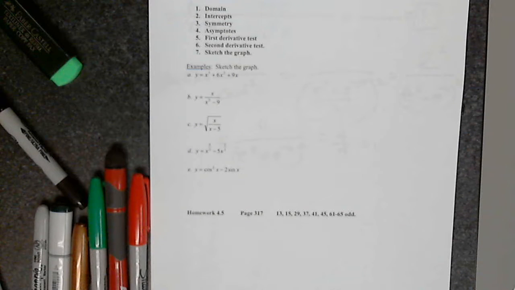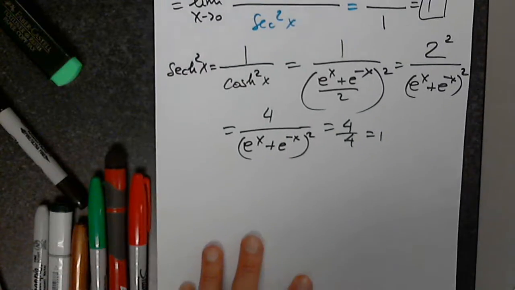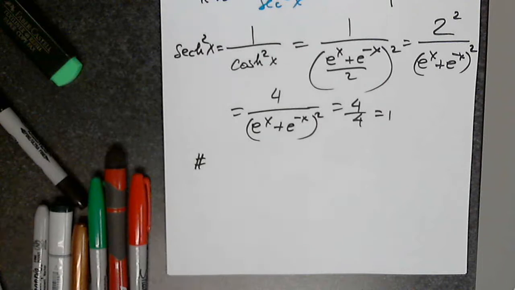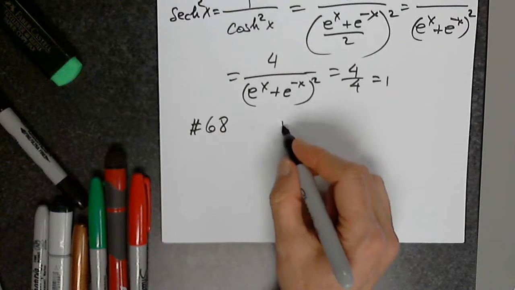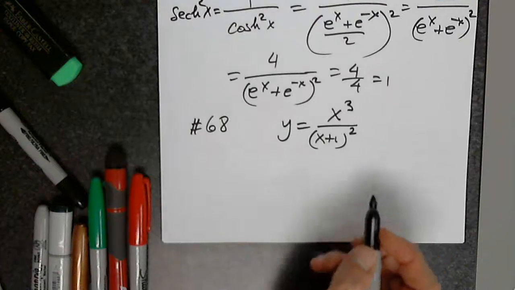Please choose 65, 66, 67, 68. Any of those problems, because I would like to show one function with slant asymptotes. 68, very good. So y equals x to the third over (x plus 1) squared.